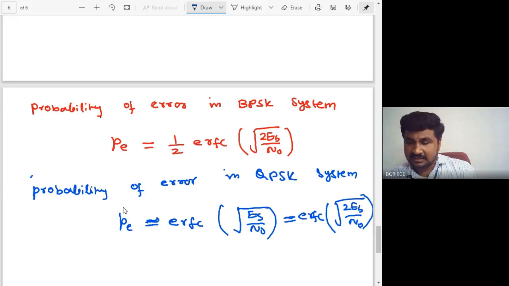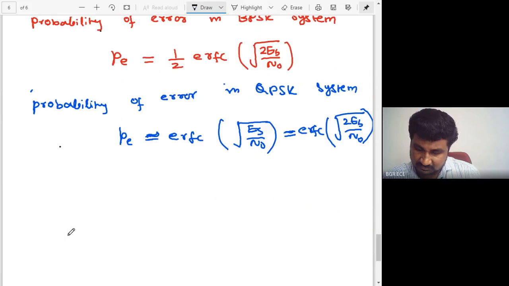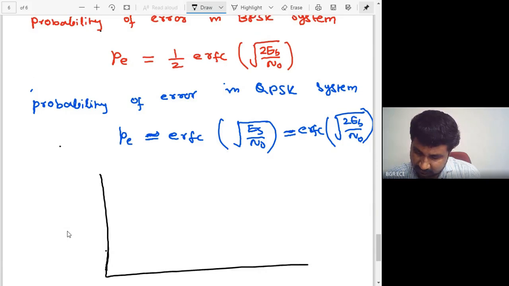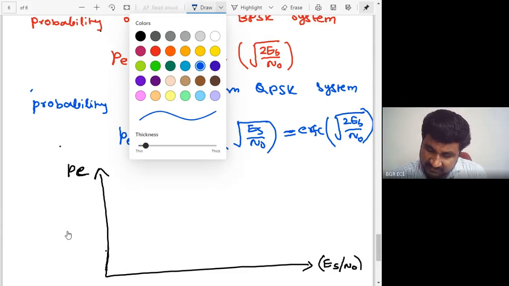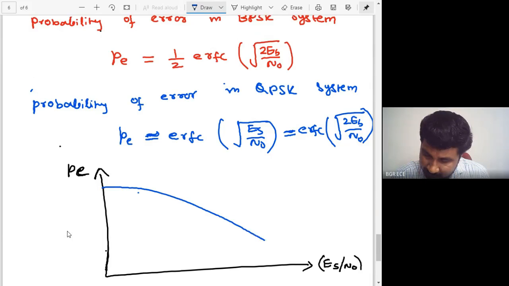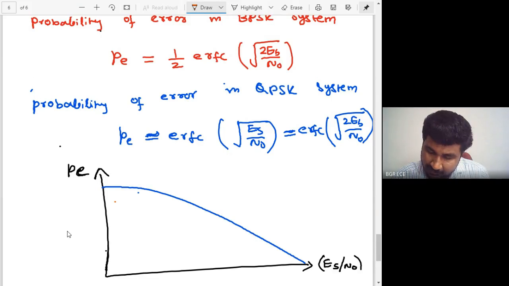That means if we plot a graph of ES over N naught versus the probability of error, then the QPSK system will have a shape like this, whereas the BPSK system will have the error function which is having half the value of the QPSK.